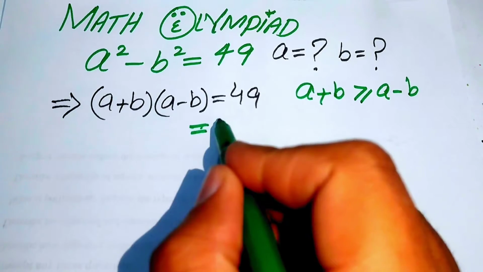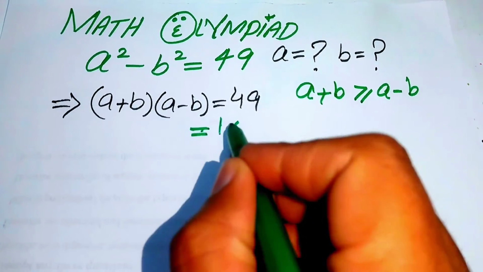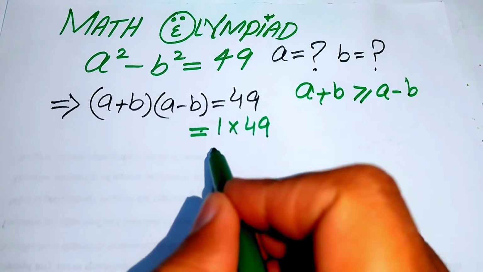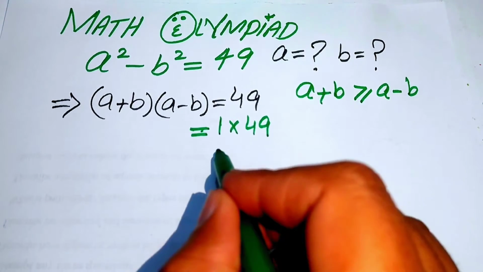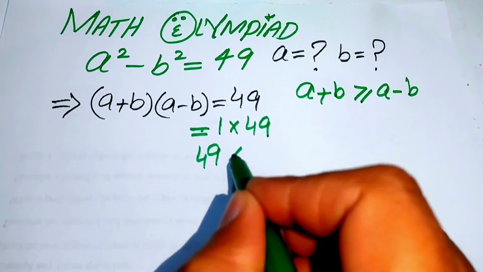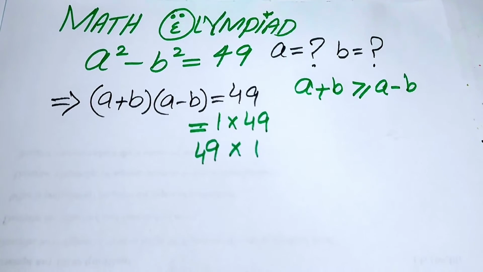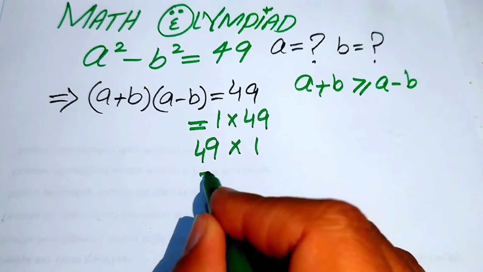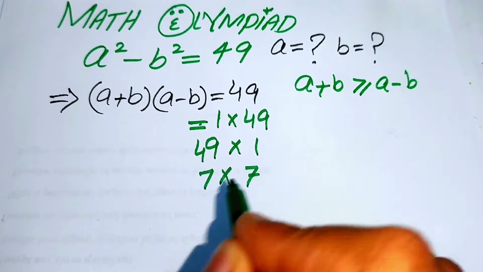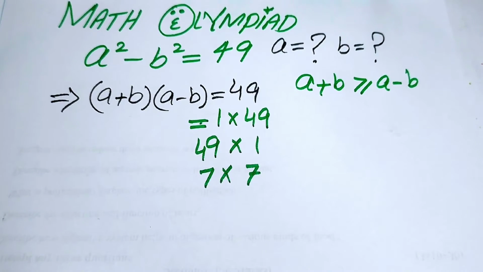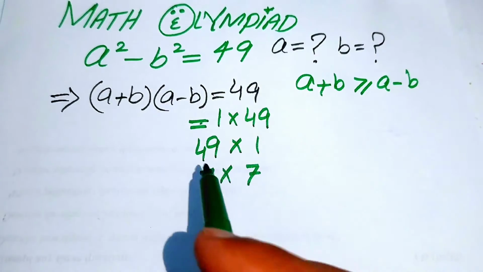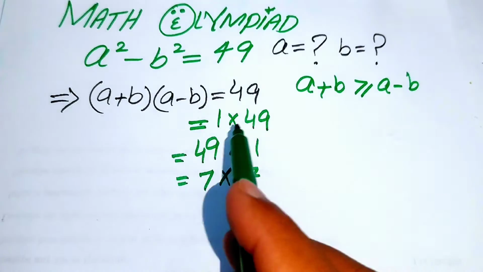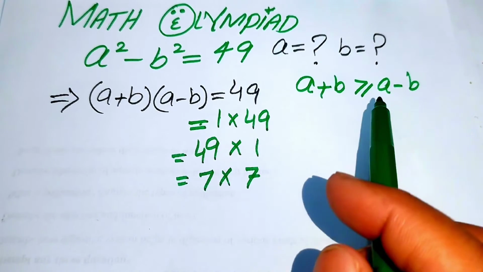These numbers are 1 multiplied by 49 equals 49, the second possibility is 49 multiplied by 1, which is also 49, and the third possibility is 7 times 7, which is also 49. So we have these three possibilities, and now we can check which of them satisfy this condition.